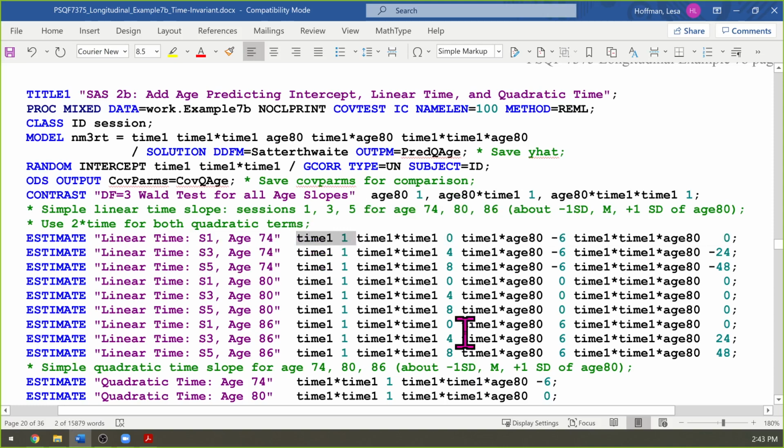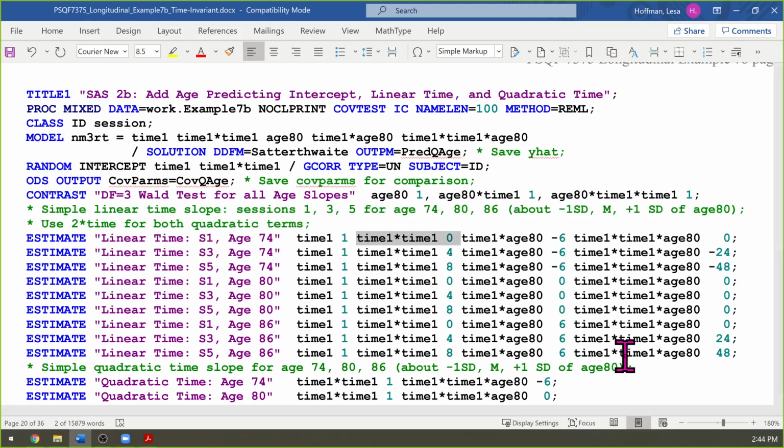So when you're writing these statements, the first thing to write is the thing you're trying to estimate. What am I trying to get? I'm trying to get the linear slope. Okay, put that in there, give it a 1. Then what else you need is conditional on who it is the linear time slope for and at what occasion. So because it's at session 1, the quadratic term goes to 0 because I'm filling in time 0 for that.